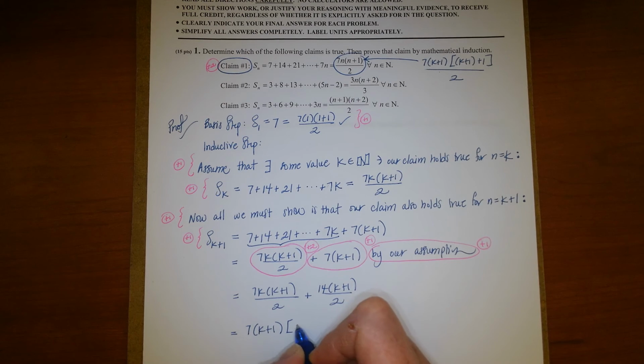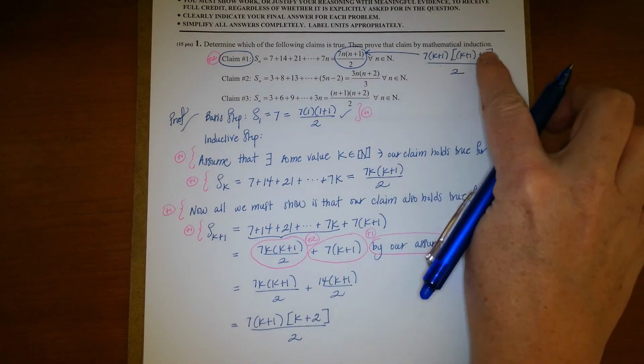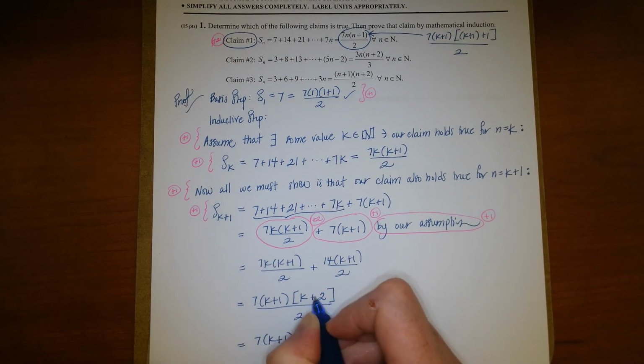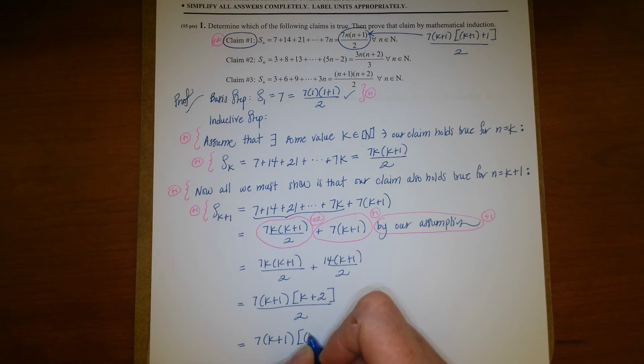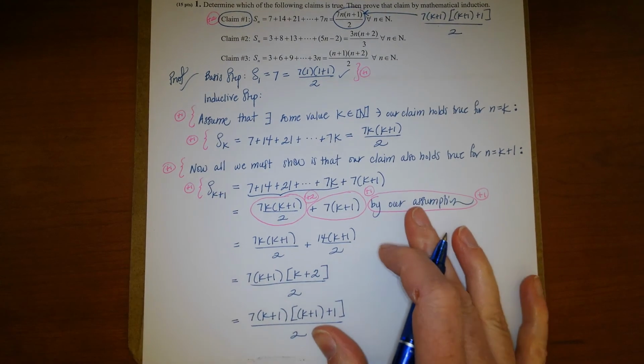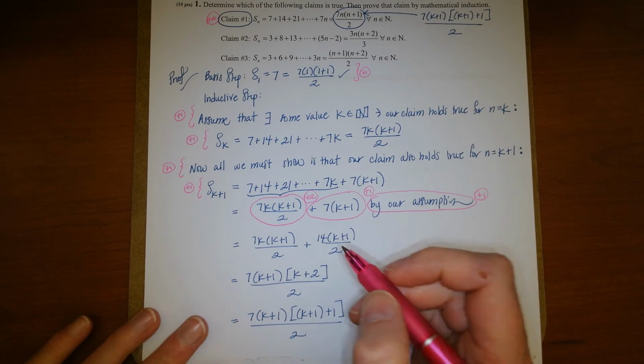And then you could multiply it into k plus 2. And then the only difference between this and what my goal is, you unsimplify the k plus 2 to look like k plus 1 plus 1. There we go.